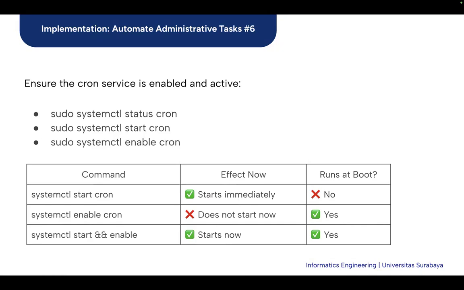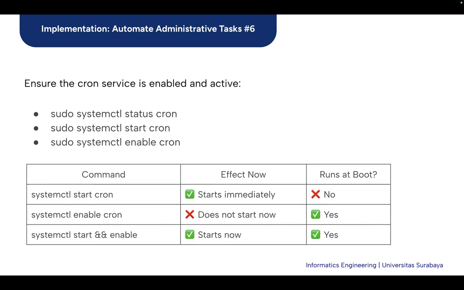To make sure that the cron is activated, you can use sudo systemctl status cron. If you use systemctl start cron, it starts cron immediately as soon as possible, but it doesn't run at boot. But if you use systemctl enable cron, it will not start now, but it will run at boot.